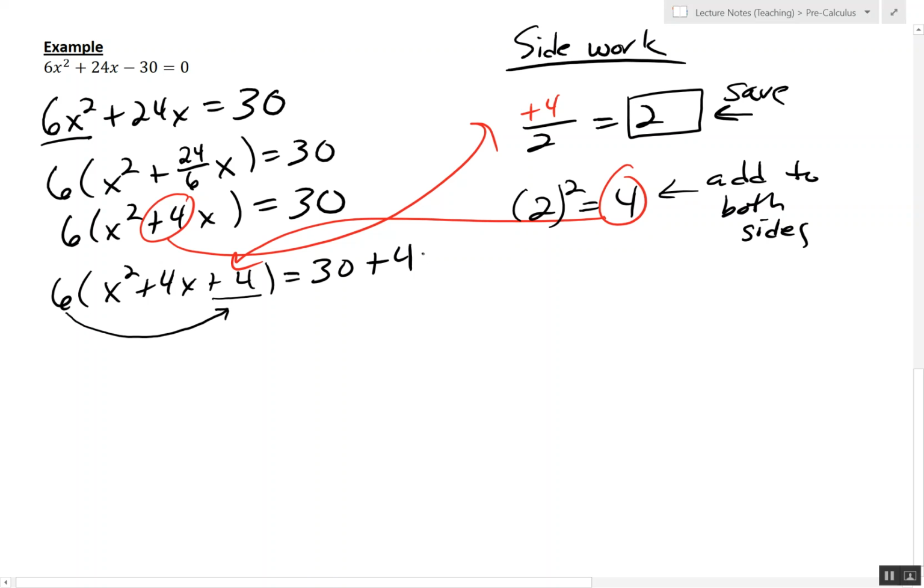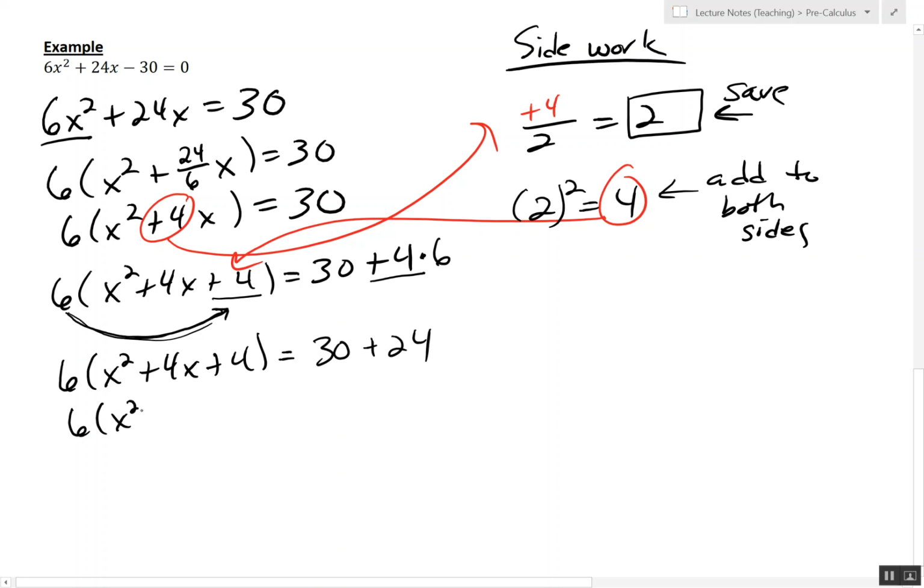So this is what I mean by you have to multiply by the number from step 2. If you have this number outside the parentheses, when you add to the other side, you can't just add the 4, you have to multiply it by the 6, because that represents the distributing of this 6 to this 4. And so we're going to get 6x squared plus 4x plus 4 equals 30 plus 24.